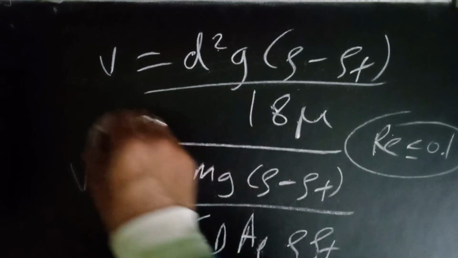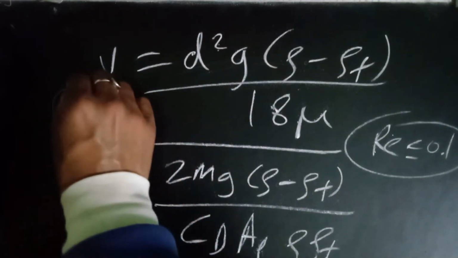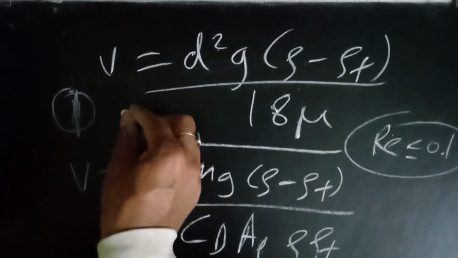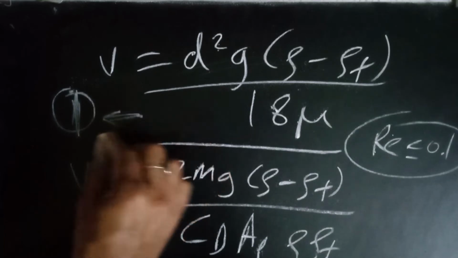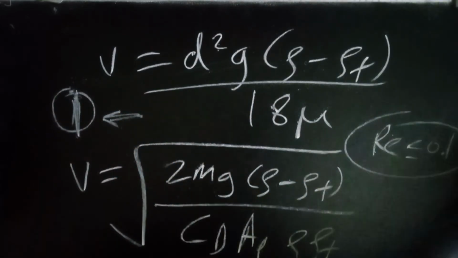If it's a sphere, then the area of this part, the circle, because the fluid is hitting this way, so the area would be this circle. So here let me just write it complete. For the area of circle, that is pi by 4 d square.